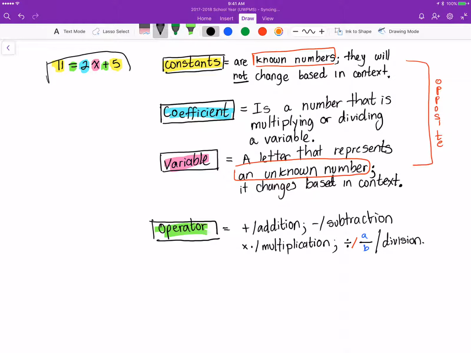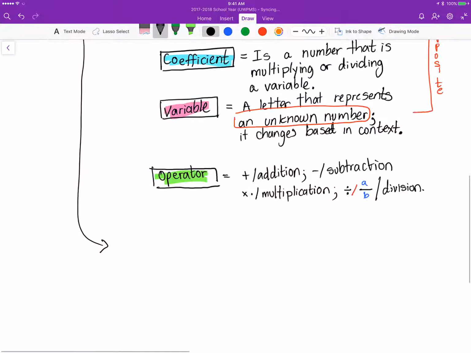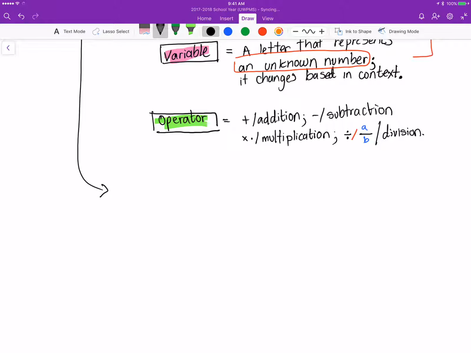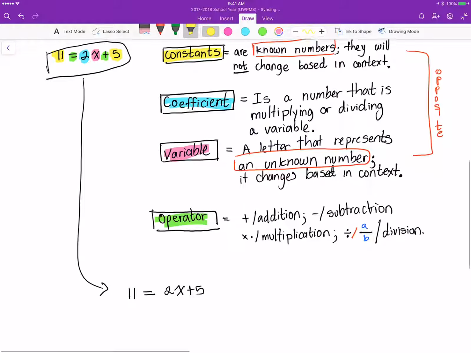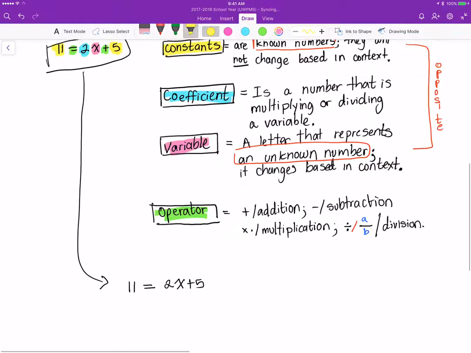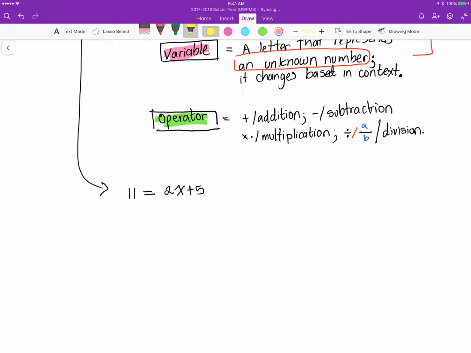Okay. So now that we have these terms in place, let's go ahead and try to solve this equation in question. So let's rewrite it over here. So I have 11 equals 2x plus 5. One thing that has worked for me in the past is to color code my variables and my constants. I'm going to stick with my colors from previously.